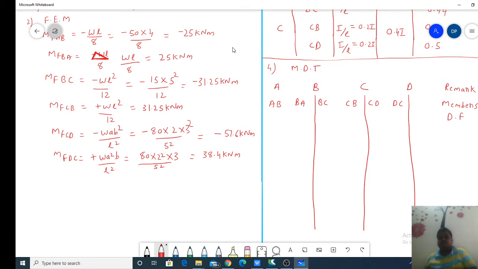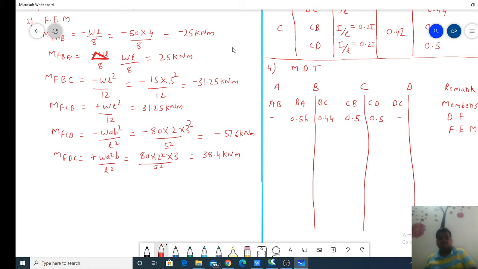For AB there is no distribution factor. For BA this will be 0.56, this will be 0.44, and this is 0.5 and this is 0.5, and for the last no distribution factor. Now after distribution factors I need to write the fixed end moments.